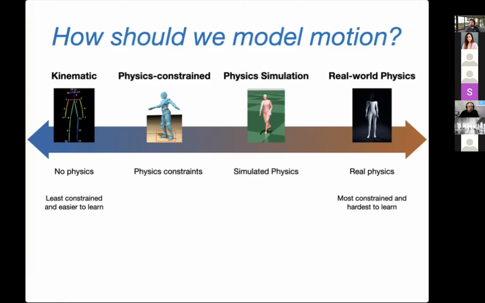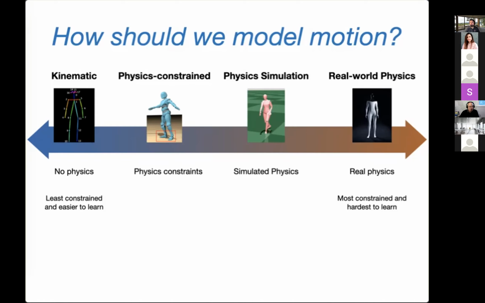On one end of the spectrum, we have these kinematic models. They usually don't have any kind of physics constraints. It's more just trying to estimate the skeleton and how that skeleton moves. Learning these kinds of models of motion is usually easier because there are fewer constraints. We don't have to think about the physics.